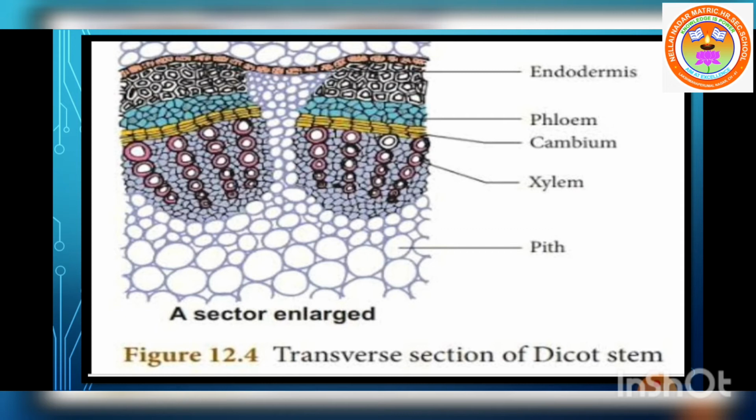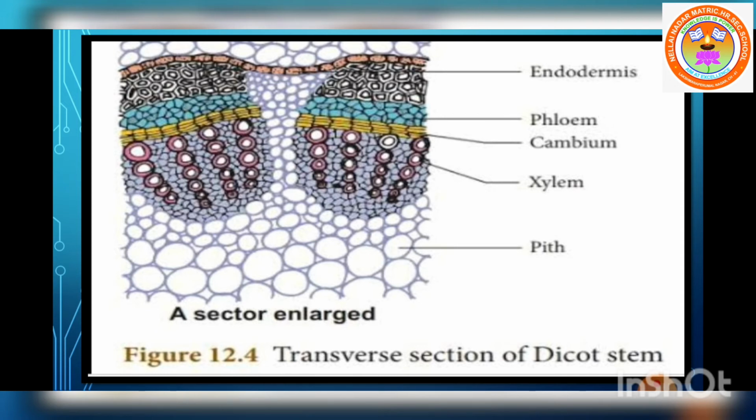This patch is called bundle cap or hard bast. The bundle caps and the parenchyma cells between them constitute the pericycle in the stem of sunflower.